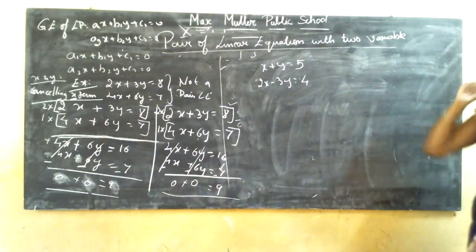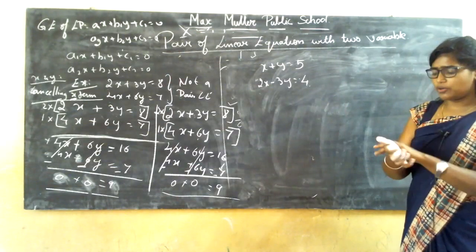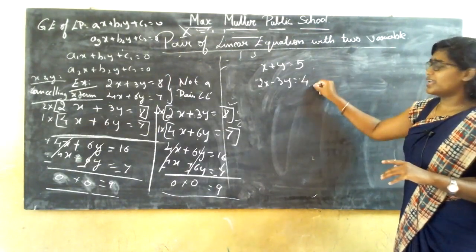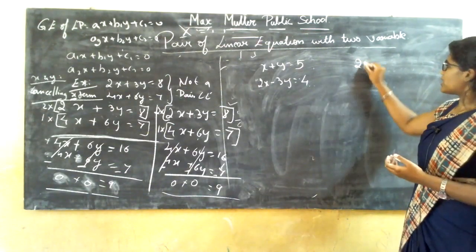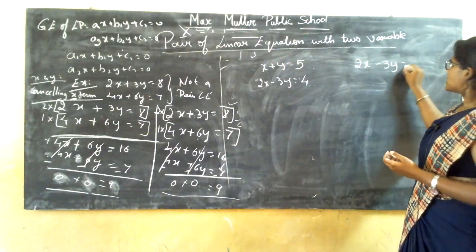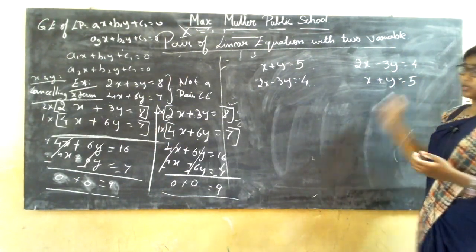It is your choice. Now, how are you going to write the equation? You can write the equation as it is given in the question paper, or else you can also write it as 2x minus 3y is equal to 4 and x plus y is equal to 5.